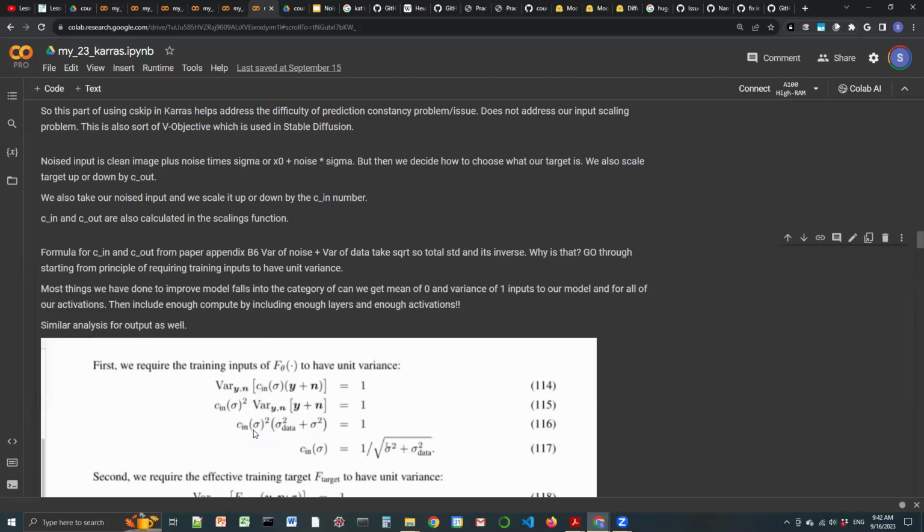So now, Cn of sigma is just the reciprocal of the square root of sigma squared plus sigma data squared. This is the simple way by which they derive the value of Cn of sigma.